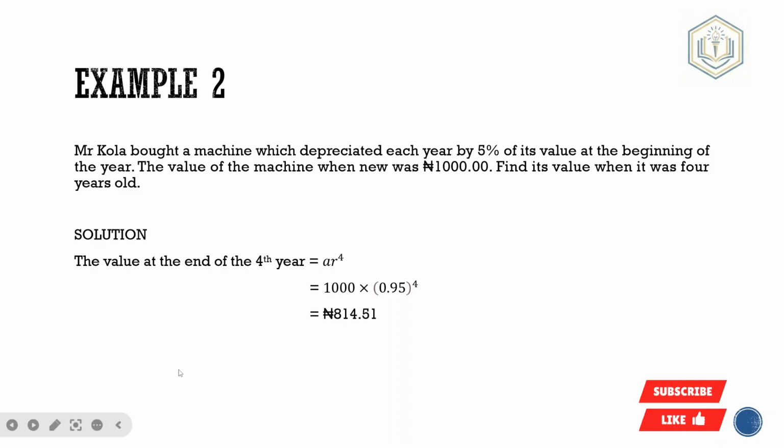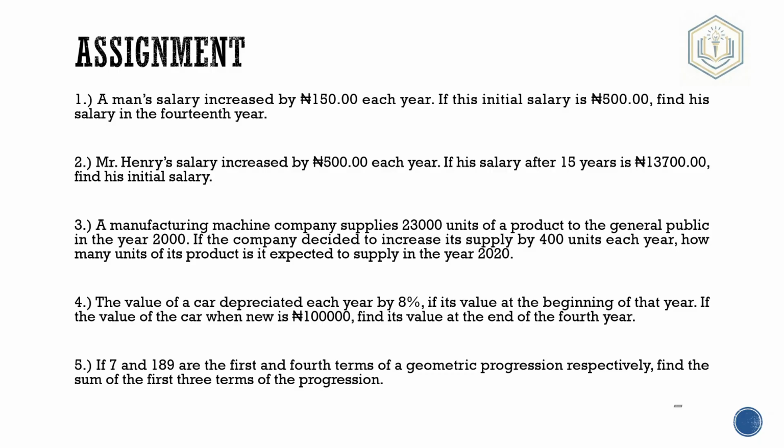So with that, the value at the end of 4 years of that machine that was 1,000 will now become 814 naira 51 kobo. And we have come to the end of application of sequence and series.